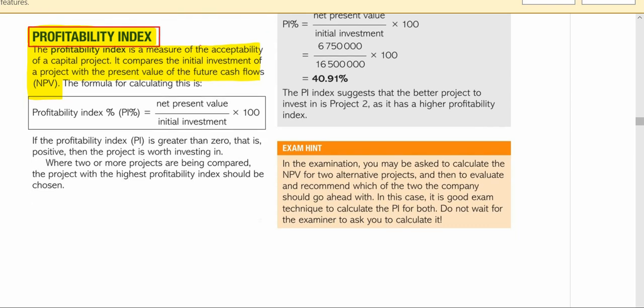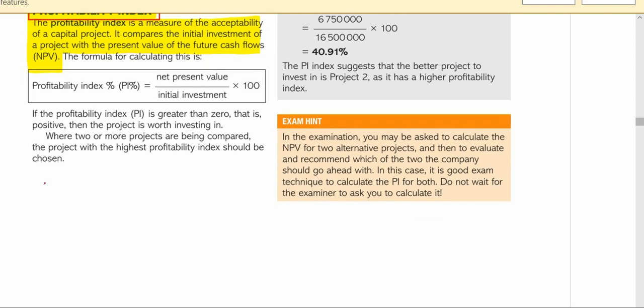For example, if the profitability index is greater than 0, it means the project is favorable, or profitable.